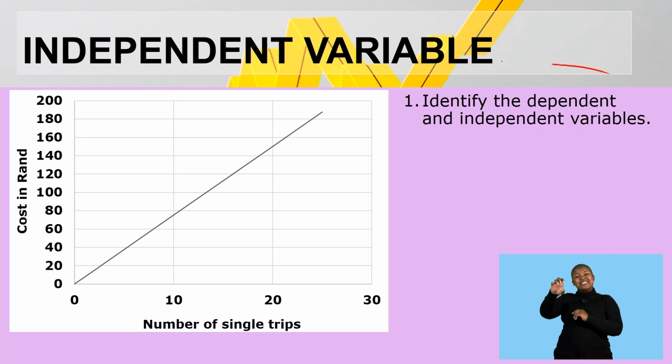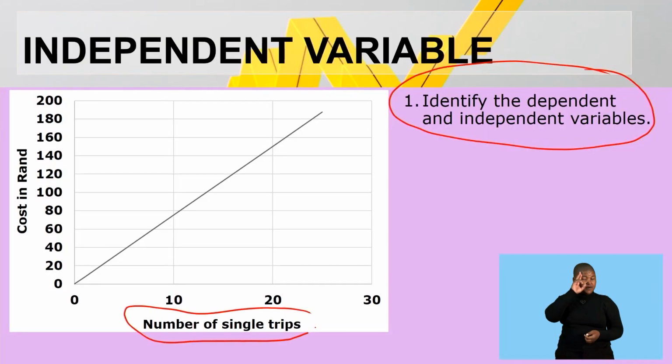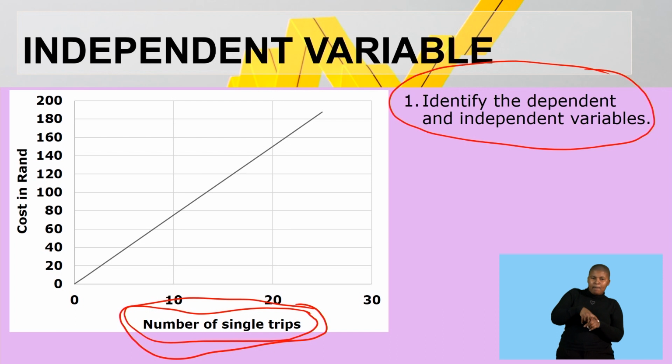Now, when we have a question like this, we need to ask ourselves what is changing and why. Now, remember, if we look at the single trips, if it is a train or a taxi, the taxi will ride even though you are not on it. But if you are in the taxi, you need to pay.